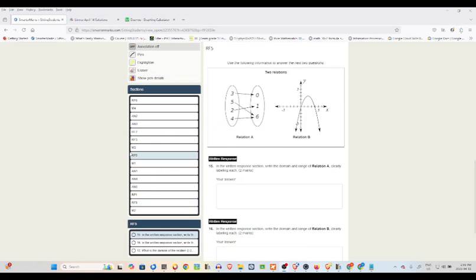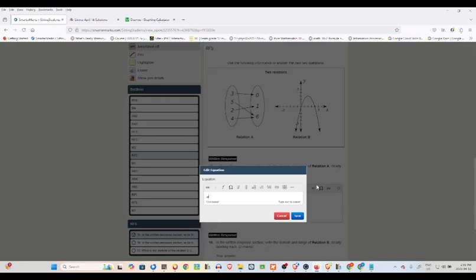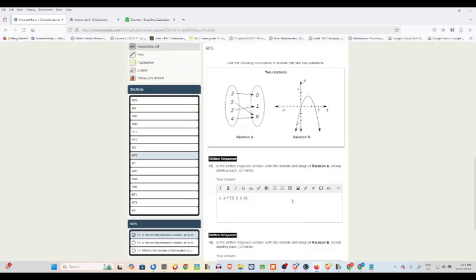Okay, so relations and functions 5, focused on domain and range. So, relation A, we want the domain and range. The domain: X is an element of the set, including everything in our oval on the left, and our range for another mark.